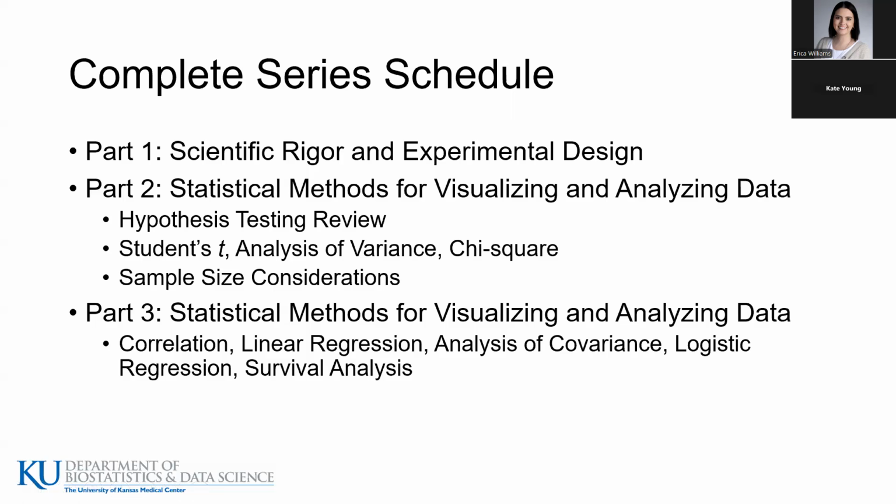We're going to do a review of hypothesis testing, and then we're going to look at the student's t-test, analysis of variance, and chi-squared analysis, which is used a lot in clinical research. And then we're going to do a brief discussion of sample size considerations. And then part 3, we're going to go more into statistical methods, and we're going to look at correlation, linear regression, analysis of covariance, logistic regression, and survival analysis.